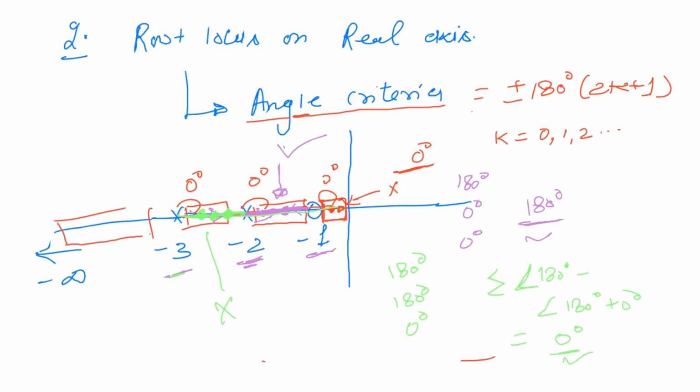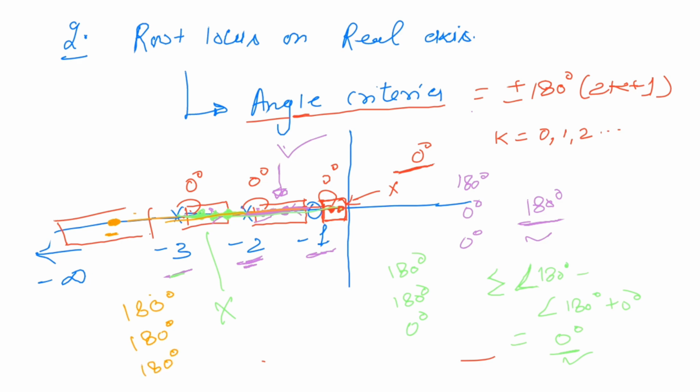Now let's take a point on the next segment. I have taken one arbitrary point on the segment between -3 and -infinity, and let's draw the phasors from -3, -2, and -1. The angle made by the zero placed at -1 to this point is 180 degrees. The angle made by the pole placed at -2 is again 180 degrees, and the angle made by -3 is again 180 degrees.